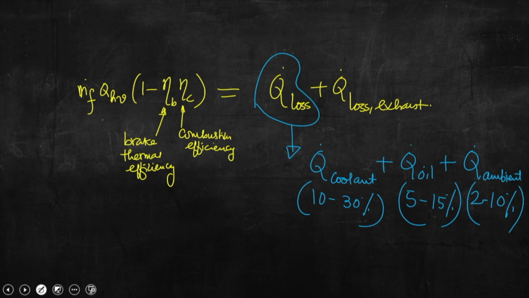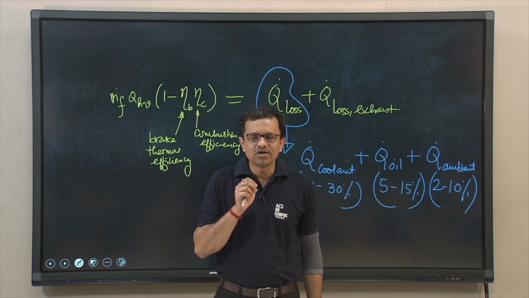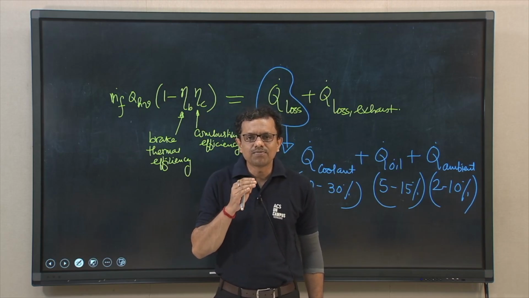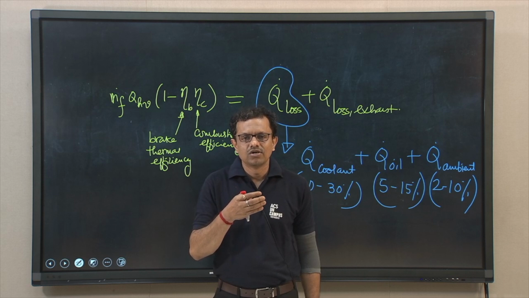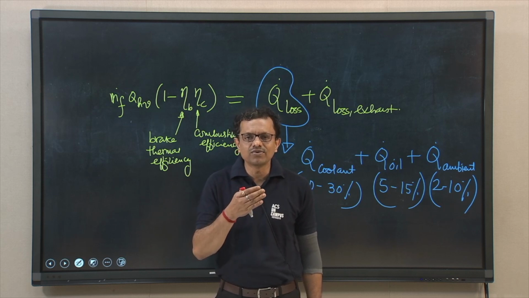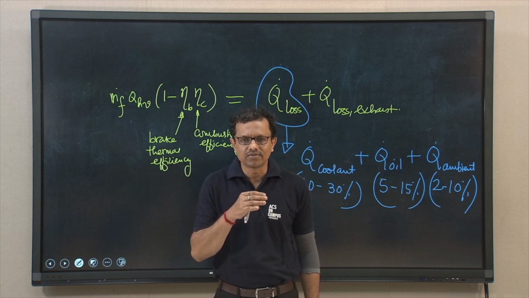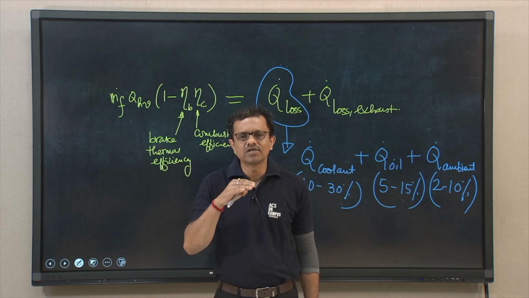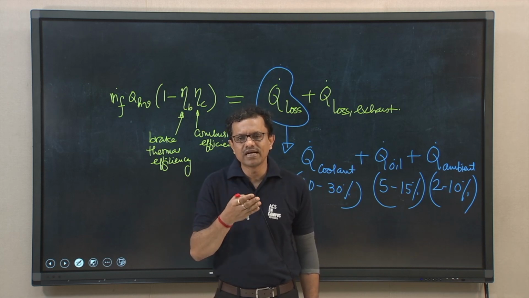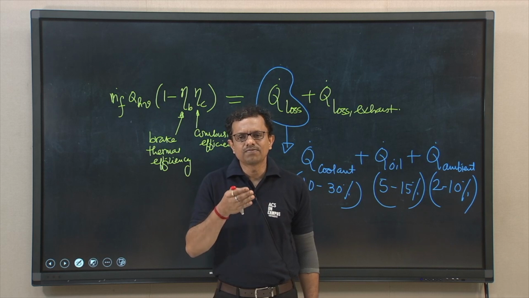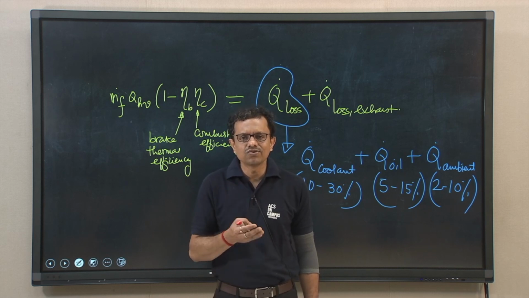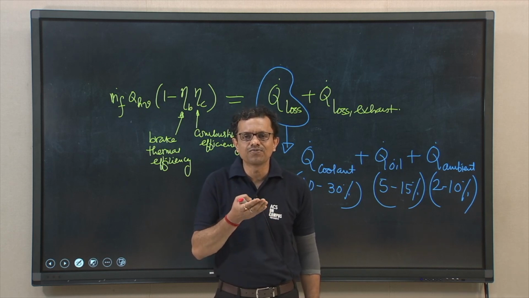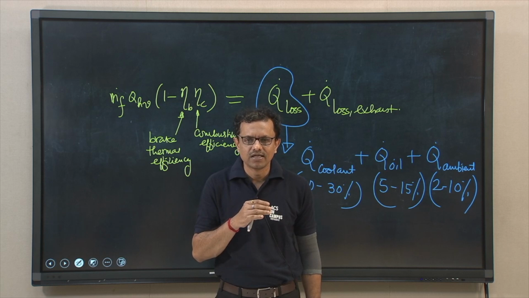Q dot oil: if you try to recall, we have discussed that we need to supply lubricants. In fact, we have a lubricating system, and lubricant is splashed over the piston face so as to remove a certain amount of heat from the piston face itself.